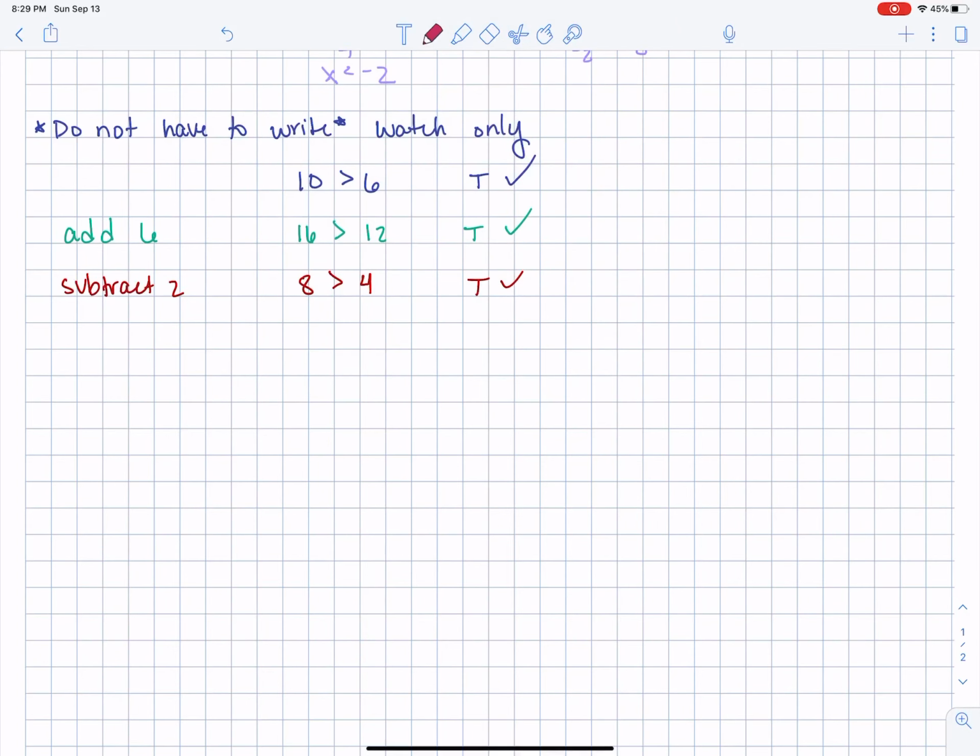What if we multiply by 3? I'm going to multiply each side. So 10 times 3, that's 30. And 6 times 3, that's 18. 30 is still greater than 18. We are still working with true statements.